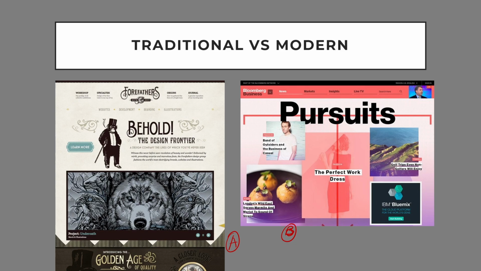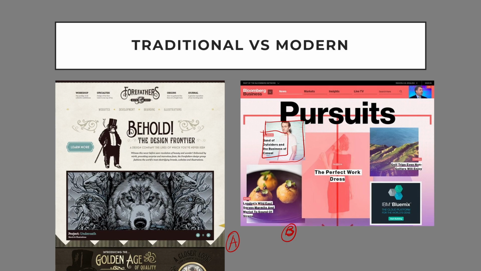You see, they have a consistent border here. Look at the image; it's on the left, and then the text is on the right. It's not going out of the border, and then there's also an image at the bottom, also shaped by a very consistent border.